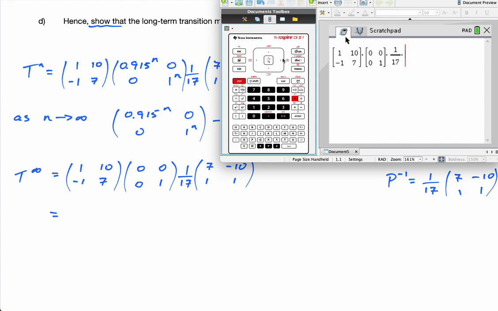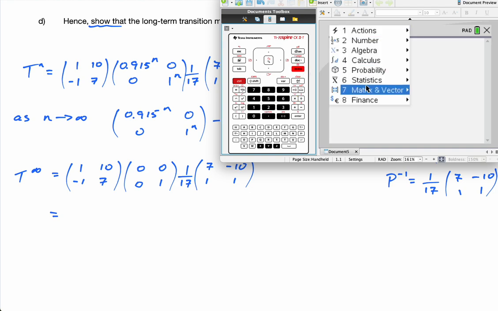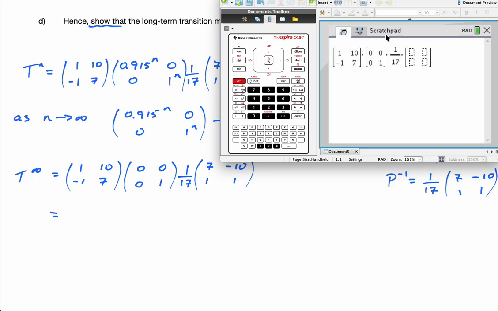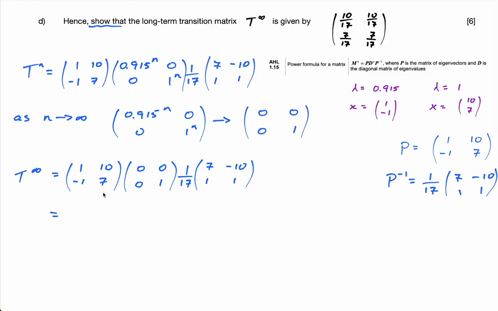And then finally times another matrix, which is 7, 1, negative 10, 1. And I get what they wanted. So it's 10 over 17.